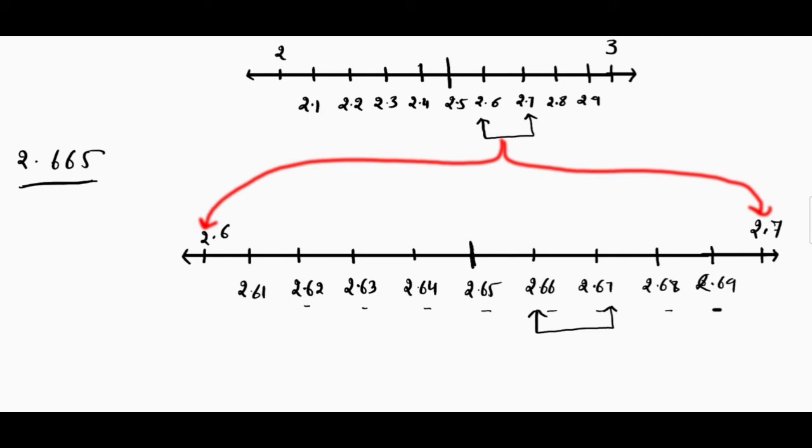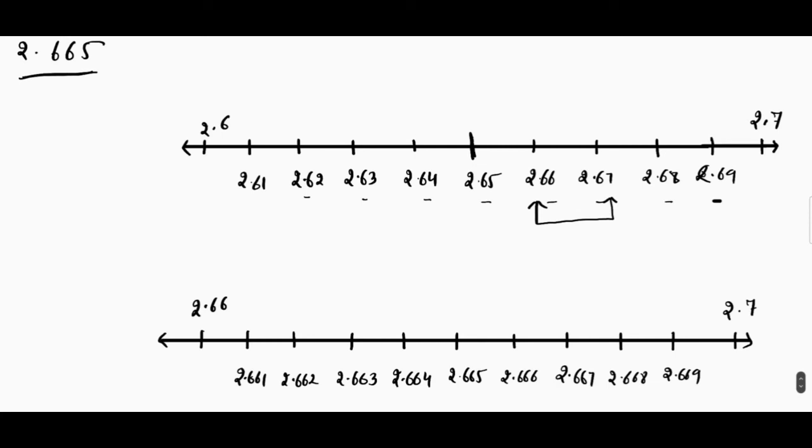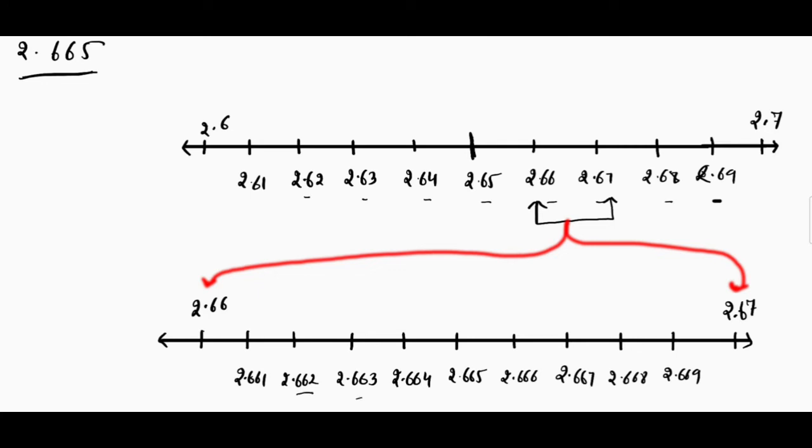Again we'll magnify this portion and represent it on the number line. Same, we have to divide this portion into 10 equal parts. Now divide the portion between 2.66 and 2.67 into 10 equal parts, like 2.661, 2.662, 2.663, 2.664, 2.665, 2.666, 2.667, 2.668 and 2.669.